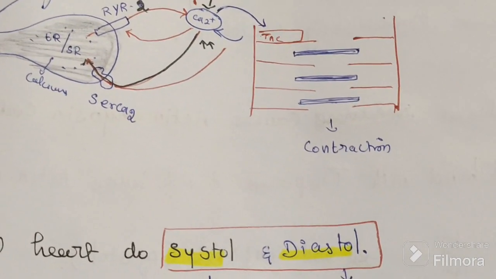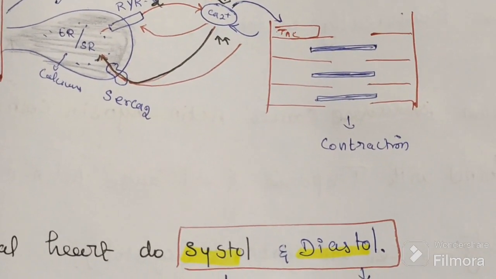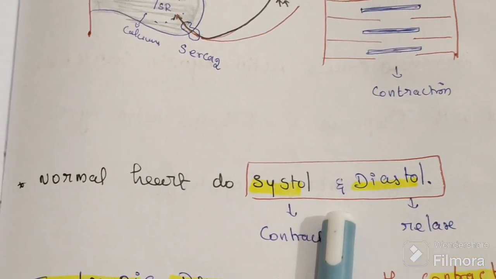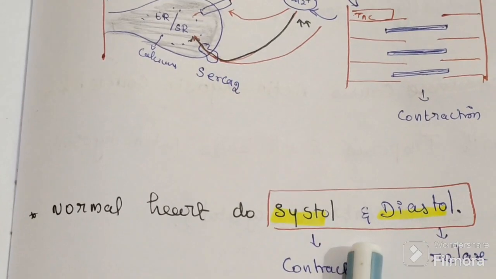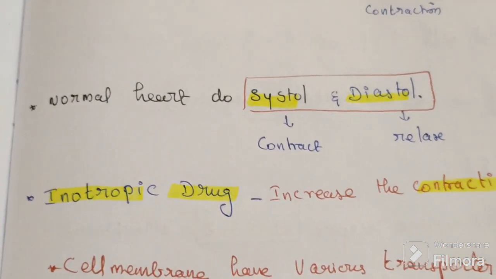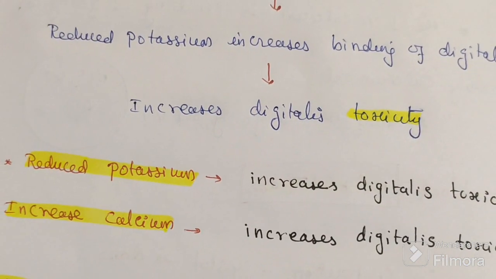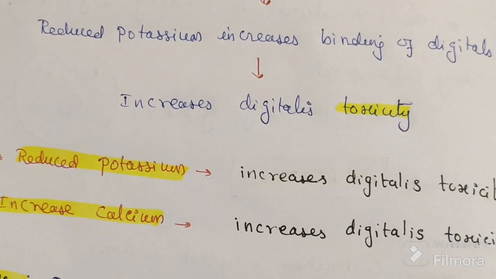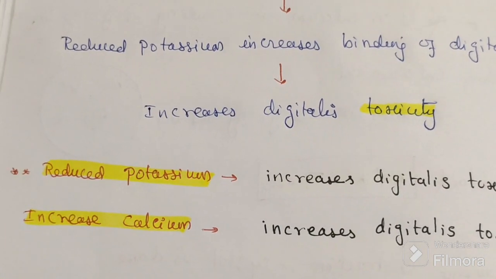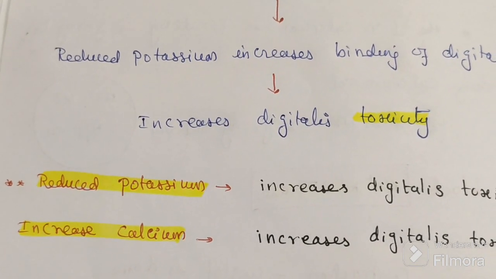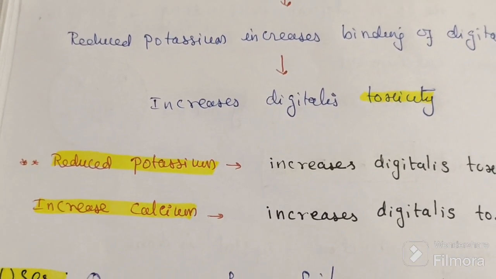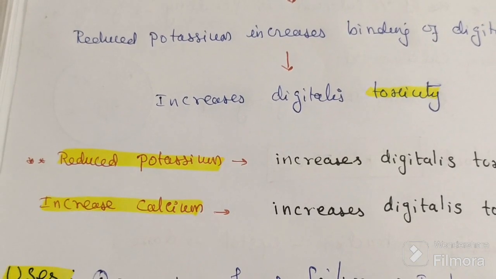Whose concentration is more, that will come. If potassium is less, digitalis comes more inside. Then it will contract the heart more, and it can cause arrhythmia of the heart. So digitalis toxicity can occur in hypokalemia.